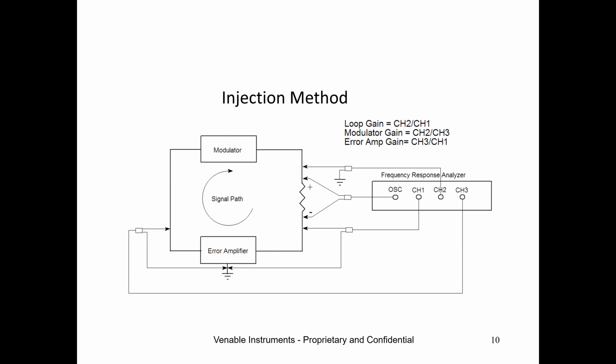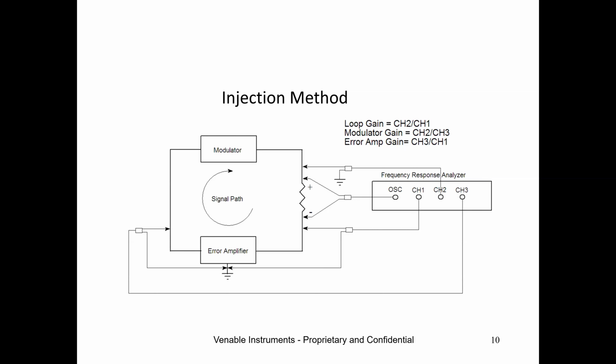If you're using a 2-channel unit, you're gonna have to do 3 different measurements. If you have a 3 or 4-channel unit, you can do them all at once. So it depends on what you're interested in. If you're just interested in what your error amp looks like, or you want to know what the gain and phase margin, what do you want to know?